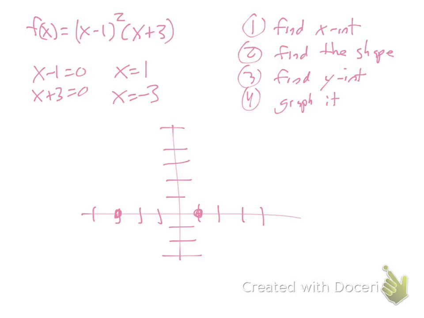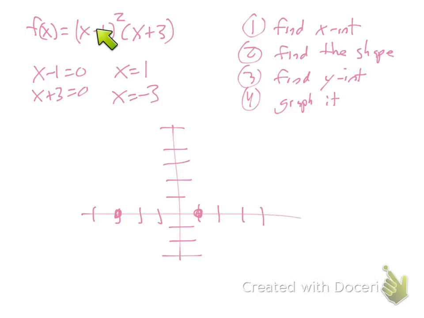I also want you to find the shape. What degree would this polynomial be? Second. It's not second. It's third. Why is it to the third power? What's the power on the first intercept? Second power.